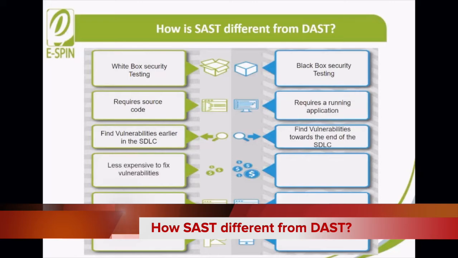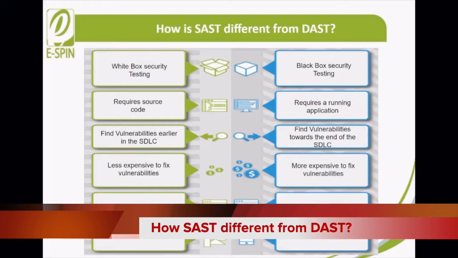SAST is less expensive to fix vulnerabilities. Since vulnerabilities are found earlier in the SDLC, it's easier and faster to remediate them. Findings can often be fixed before the code enters the QA cycle.